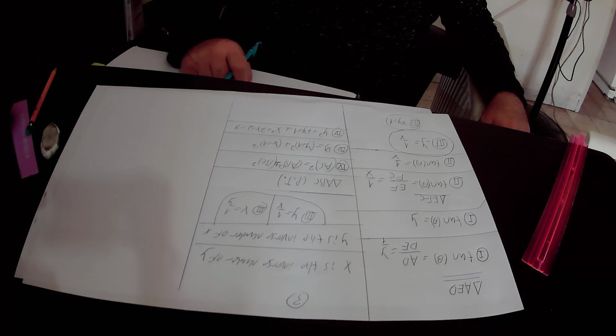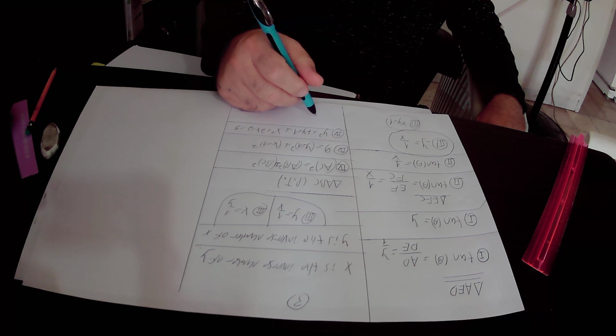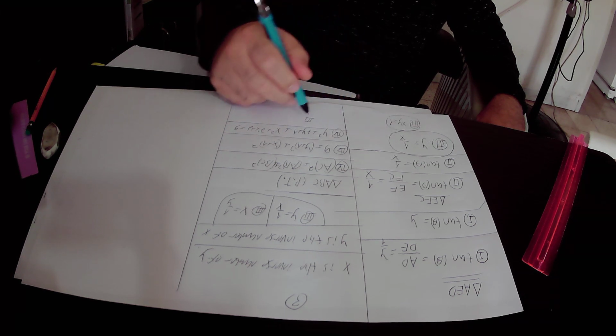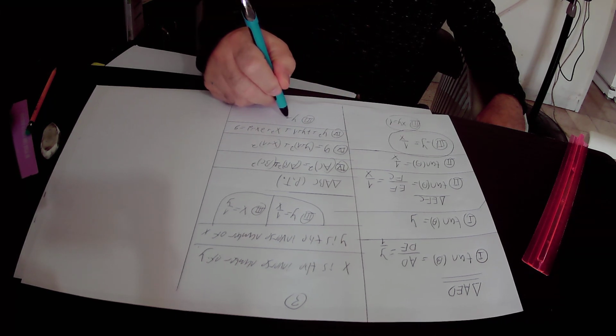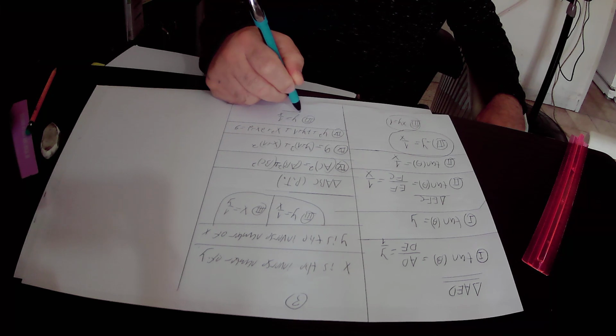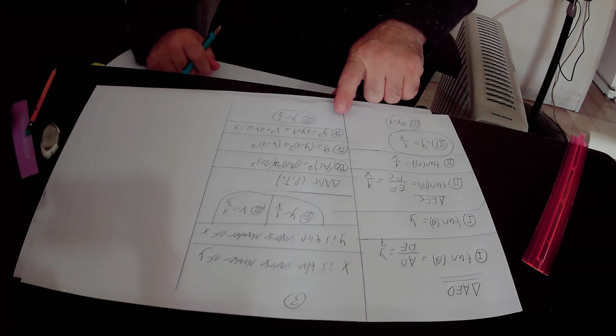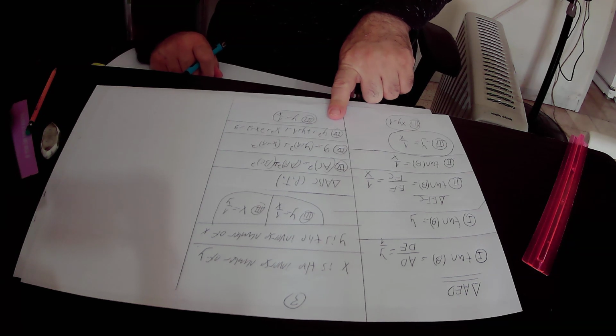According to equation number 3, we've already found out that y equals 1 over x. Therefore, we can substitute y in equation number 4 by 1 over x.